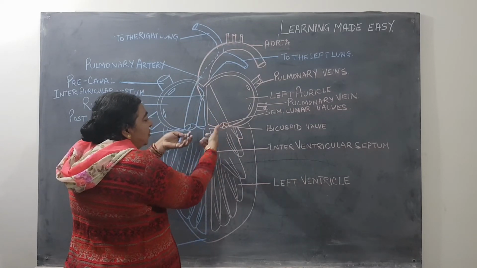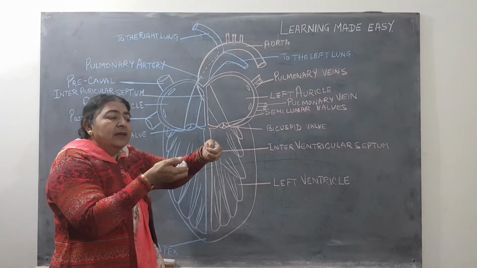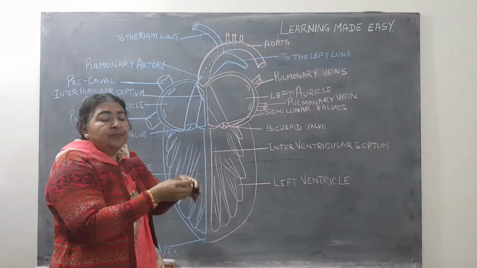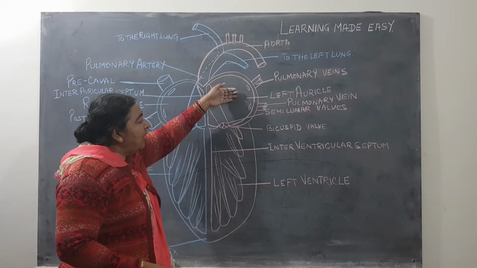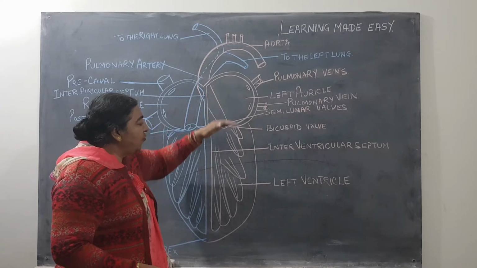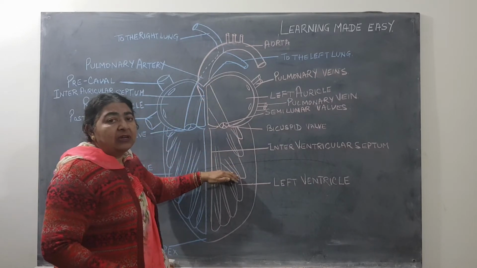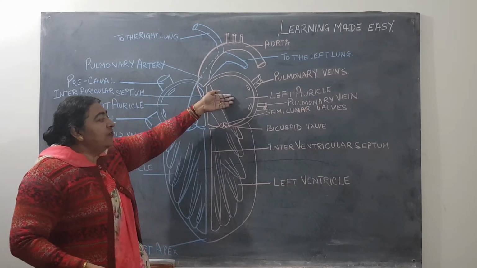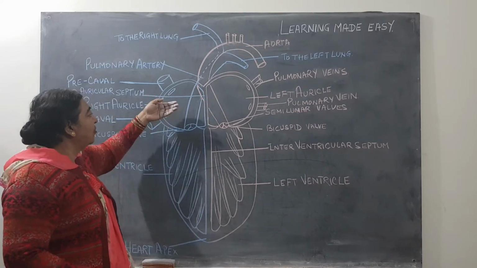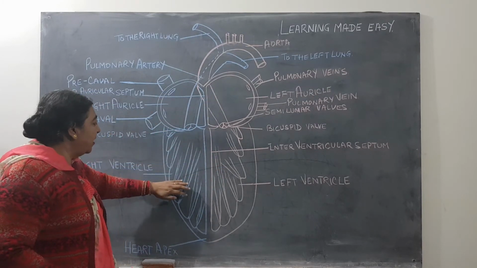And as they contract, bicuspid and tricuspid valves give way. They are stretched apart. This results in the blood from the auricles to flow down into the ventricle. From the left auricle to the left ventricle, from the right auricle to the right ventricle.